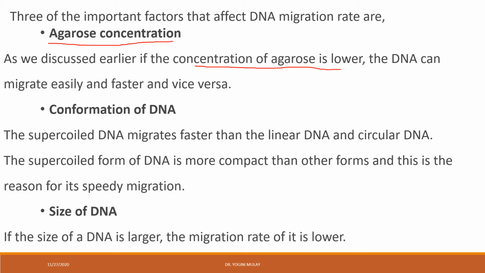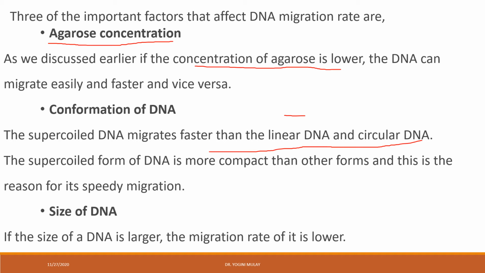Next is conformation of DNA. Means if the DNA is present in the supercoil form, then obviously it will migrate faster than the DNA if it is present in the linear form or in the circular form. And why is this so?